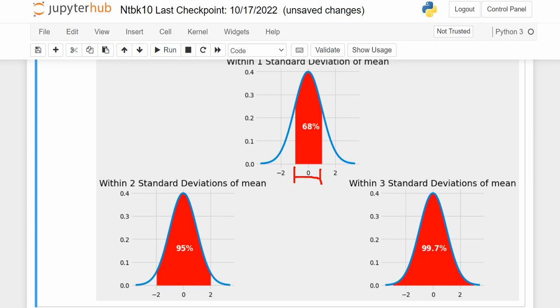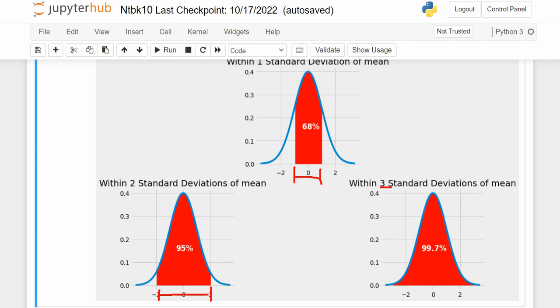Within two standard deviations, we're going to capture 95%, right? So if I go 2 standard deviations below and I shade up until I'm 2 standard deviations above, then I'm going to capture 95%. But within 3 standard deviations, I am going to capture almost all, right?